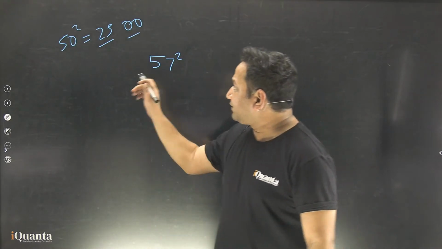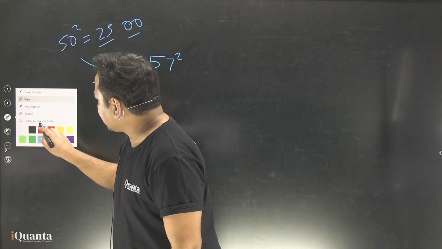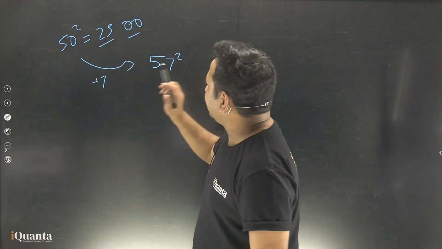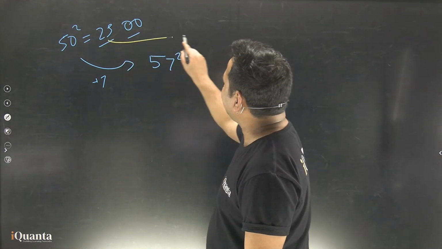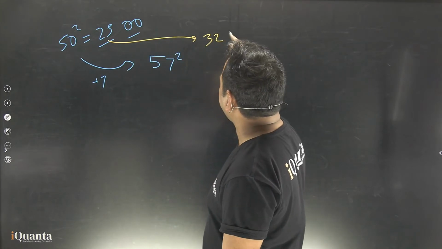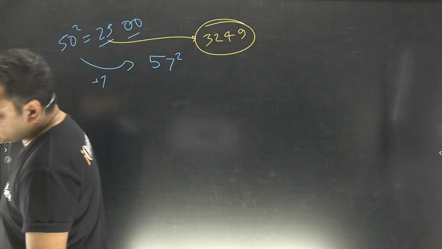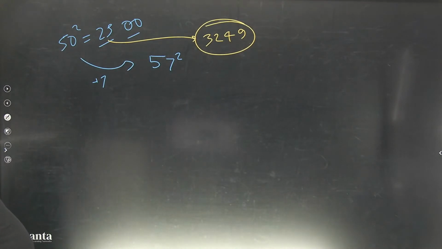Wow. 57 is 7 more than 50, right? So I'll just add 7 to 25. I'll get 32. And then I'll write square of 7, that is 49. And I'll get my answer. Is that clear? 25 plus 7 is 32. That's why I wrote 25, to give you a foreshadowing. All right.